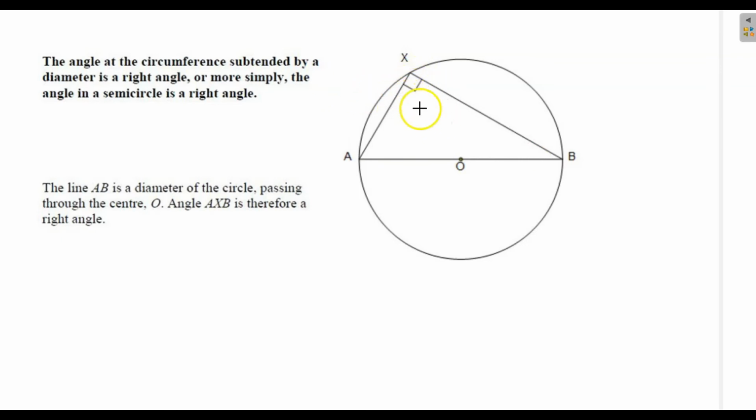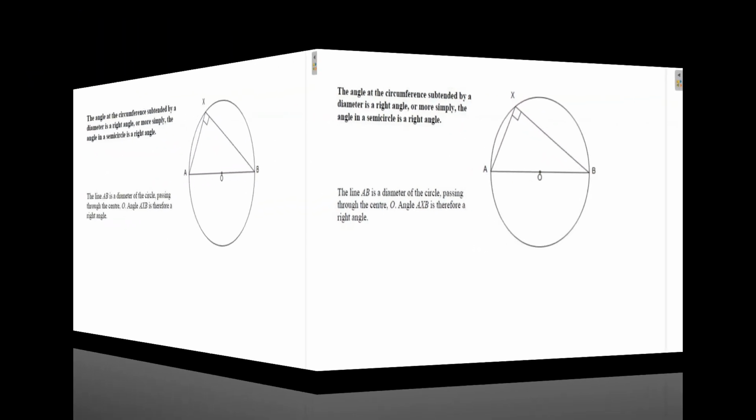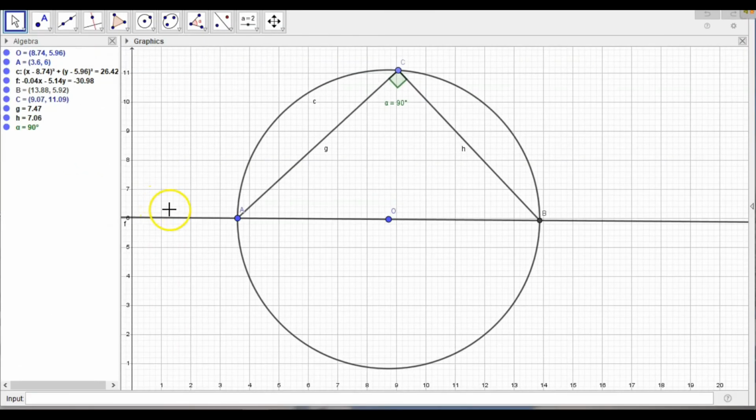Let's verify this property using our GeoGebra board. We have our circle drawn with center O, and the diameter is AB. In this case, I have an angle C formed at the circumference of the circle, and you realize that this angle is subtending on the diameter.